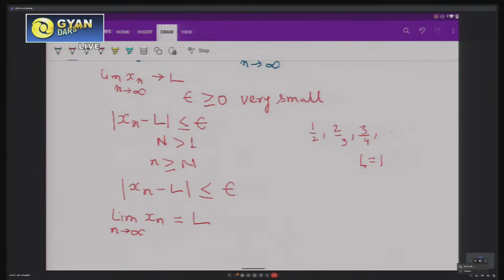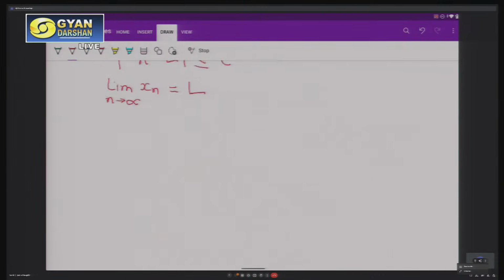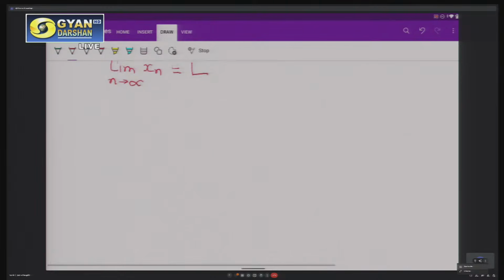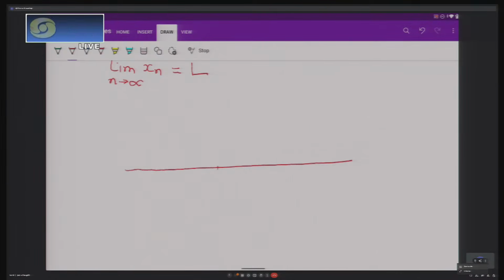Now let us understand the left hand and right hand limit. You see, this is the real number line, and say x is equal to a is this point.